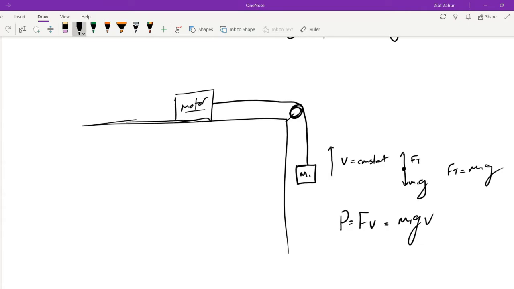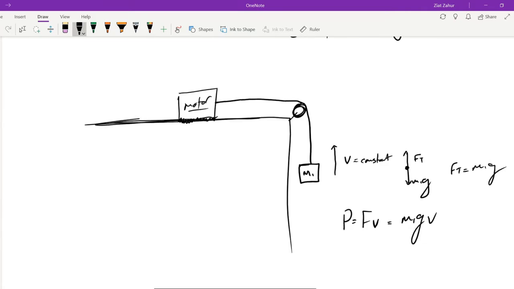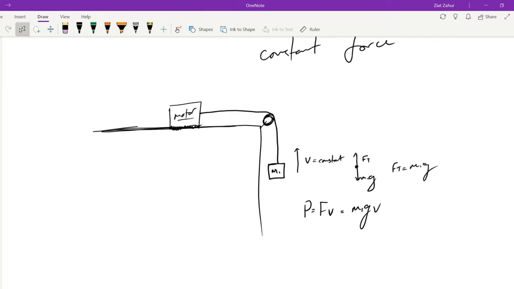You definitely need to make sure you mount your motor so it doesn't move. And this same power must also equal the electric power. And how do we find the electric power? IV.